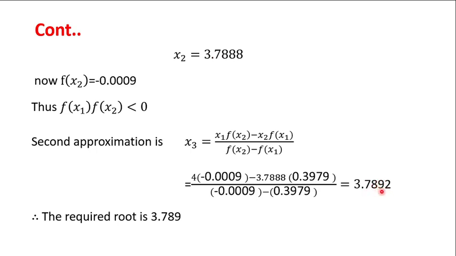In the third decimal we have 9 here, but there we have 8. But after the third decimal here we have 4. Therefore, the third decimal is not increased by 1, hence we get 8 plus 1 is 9. Hence x2 is nearly equal to x3. Therefore, the required solution is 3.789.